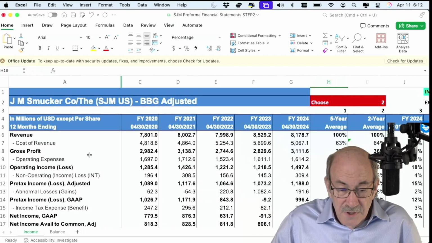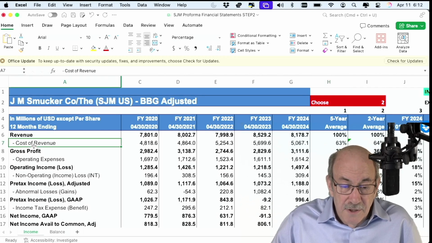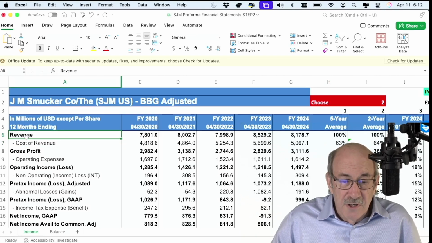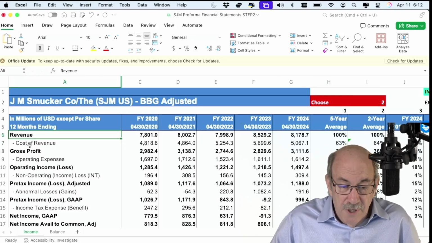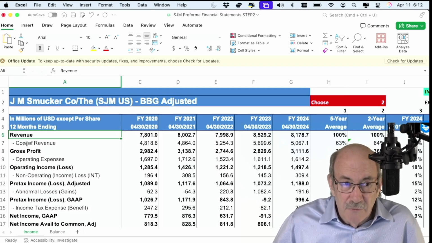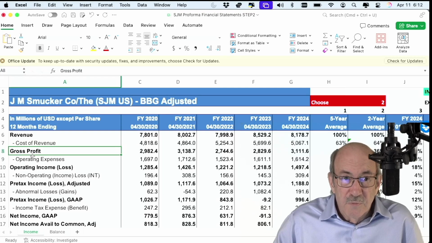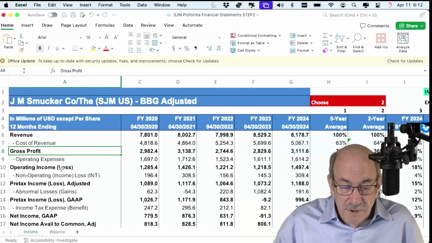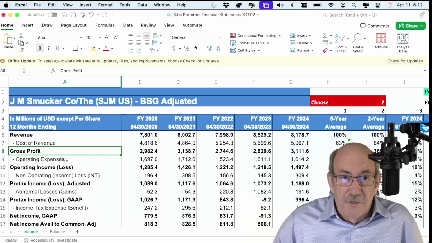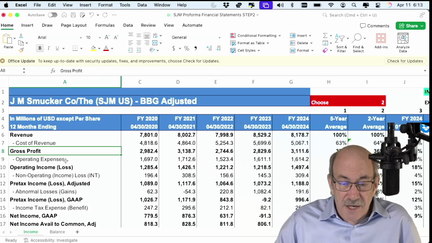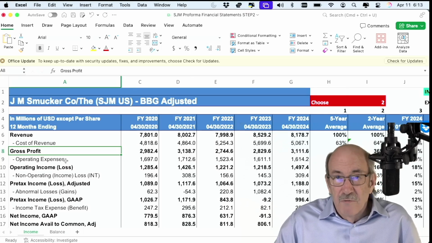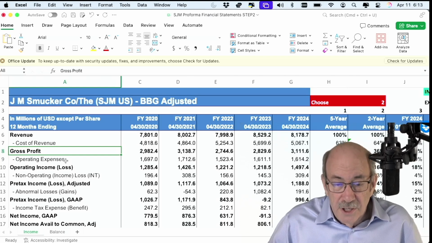Okay, so I've cleaned things up here. You'll notice that I've chosen to take revenue, the bold one, and I got rid of the sub-account there. And then I've also got cost of revenue, and then gross profit is my next account. The other thing you should take note of is that gross profit is simply revenue minus cost of goods, right?